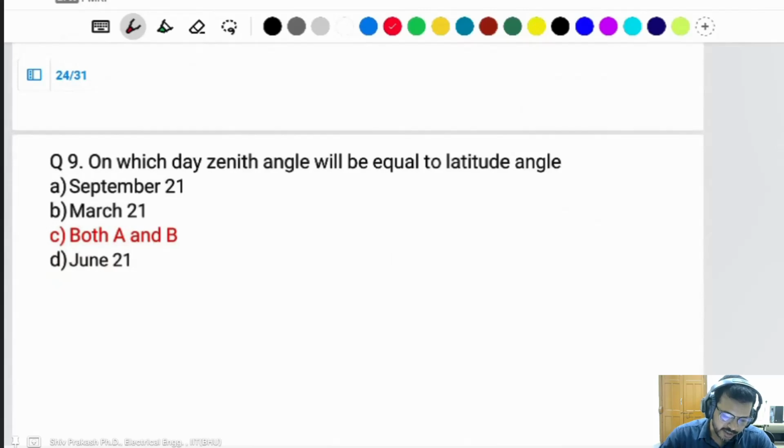On which day will the zenith angle be equal to the latitude angle? Zenith angle equal to the latitude angle. Zenith angle is theta z and latitude angle will be phi.